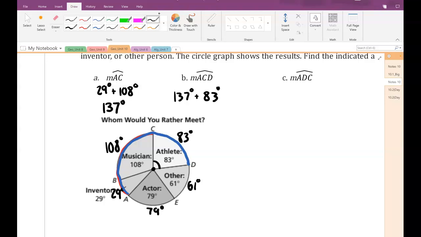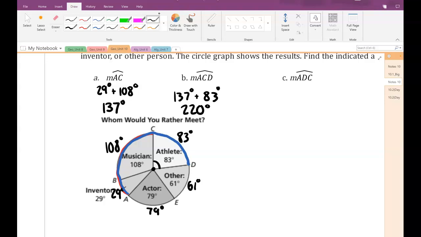So that'd be 140 plus another 80, so that's 220 degrees. Let me check my mental math: 137 plus 83, 220. Got it.